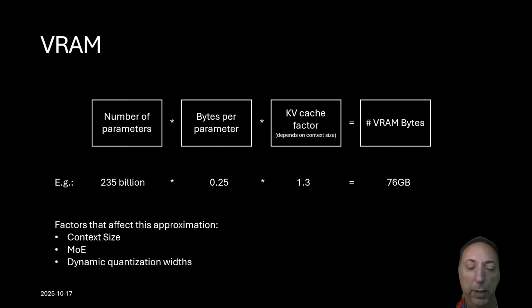It really wasn't much better than Llama 3.3. But Llama 4 was way faster because it was mixture of experts, having 8 smaller models and a router that directs which model to use. It means you're running only 1/8 the weights at a time, so you don't need as much cache, and it runs quite a bit faster. And then the dynamic quantization widths that I was just talking about.